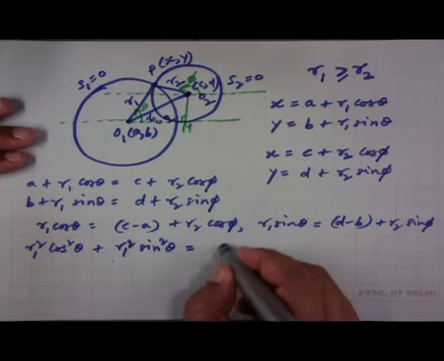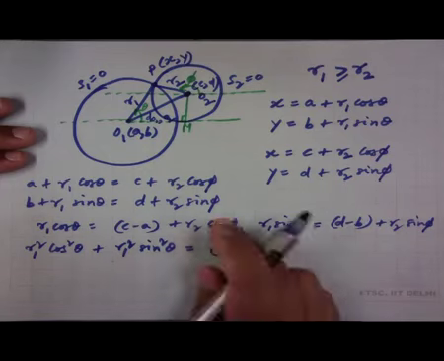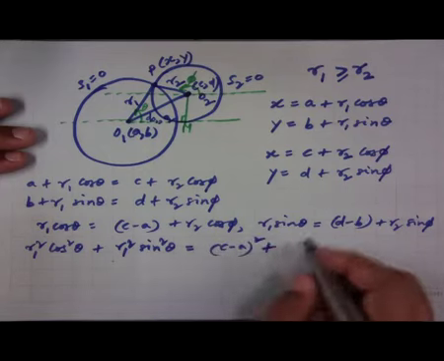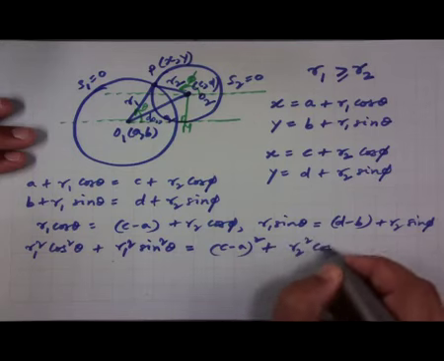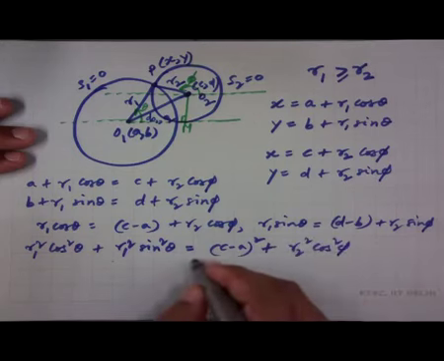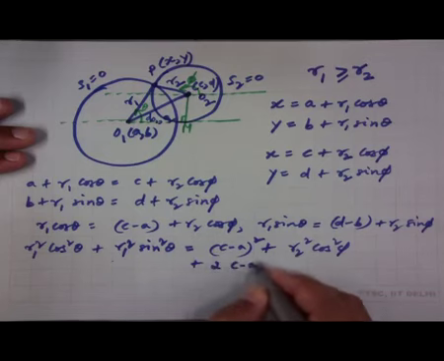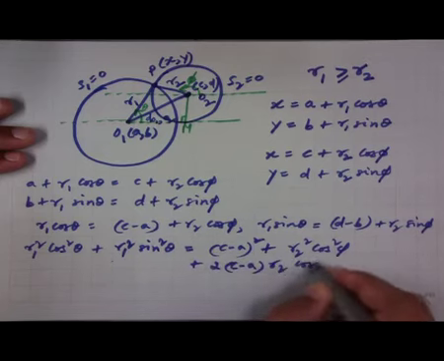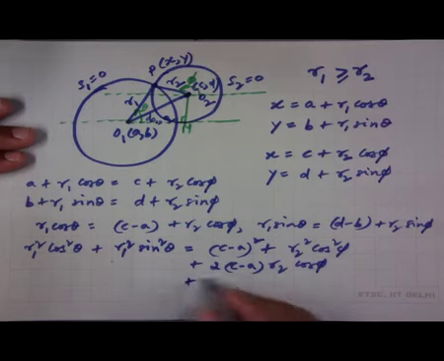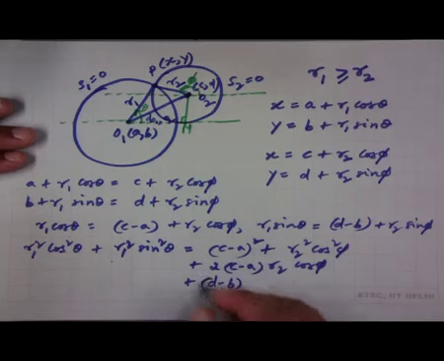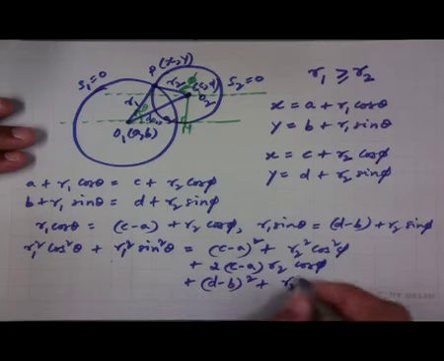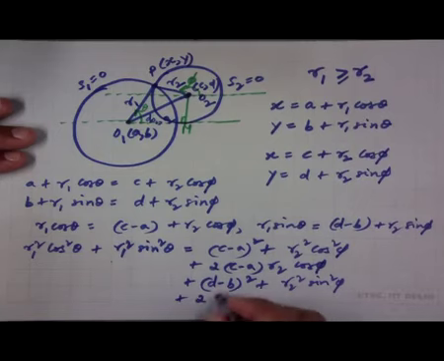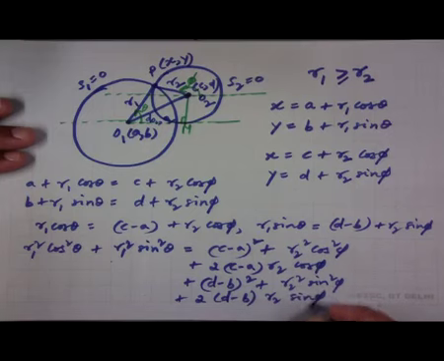The square of the first term is c minus a whole square plus r2 square cos square phi plus 2 into c minus a into r2 cos phi, and then the square of this particular term is d minus b whole square plus r2 square sin square phi plus 2 into d minus b into r2 sin phi.